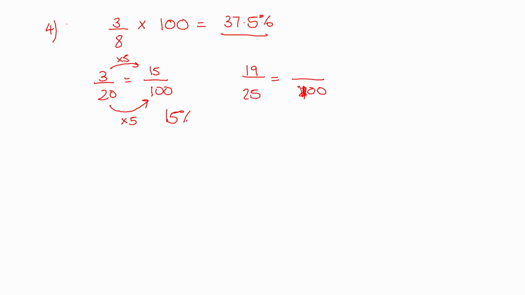So that's 15%. Or here, 25 goes into 100 4 times. So I'm timesing this fraction top and bottom by 4. What's 19 times 4, guys? That's buying myself time to think of it. That is 76 out of 100, or 76%.